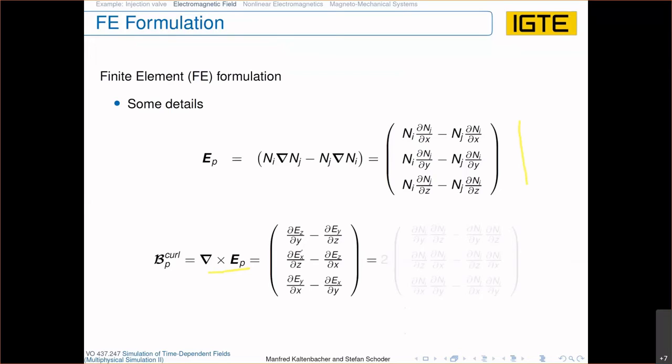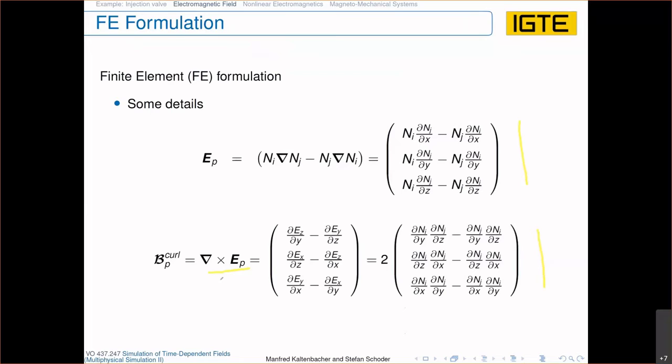And since we use now, in our case, these linear functions, any mixed derivative or second derivative will be 0, which means what we get out is this explicit expression here. And with the explicit expression here, we have now computed our curl of such a vectorial basis function.